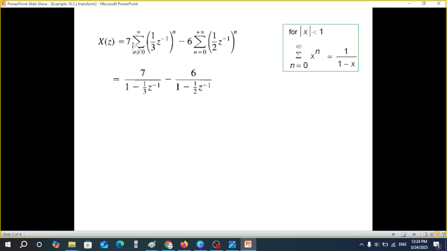So we can write 7 divided by 1 minus x. Now in this case, it will be 6 divided by 1 minus this x. And the condition, as it is given here, is that the mod of this value should be less than 1, and similarly the other one also should be less than 1.